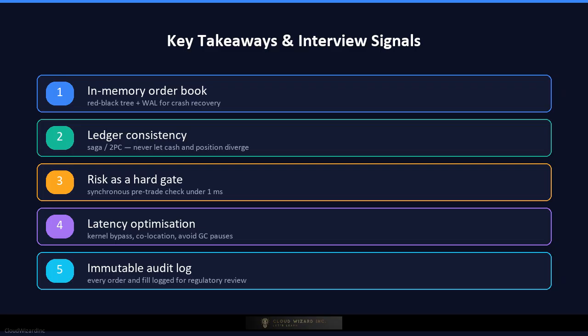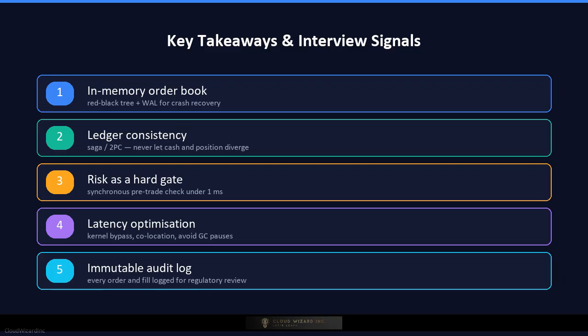Third, pre-trade risk checks are a hard gate, not an advisory. The system must reject orders synchronously before they reach the exchange, and the risk engine must be extremely fast, typically under 1 millisecond. Fourth, latency optimization is a first-class concern. Mention kernel bypass networking, co-location with exchange data centers, FPGA-based matching for ultra-low latency deployments, and avoiding garbage collection pauses in the critical path.